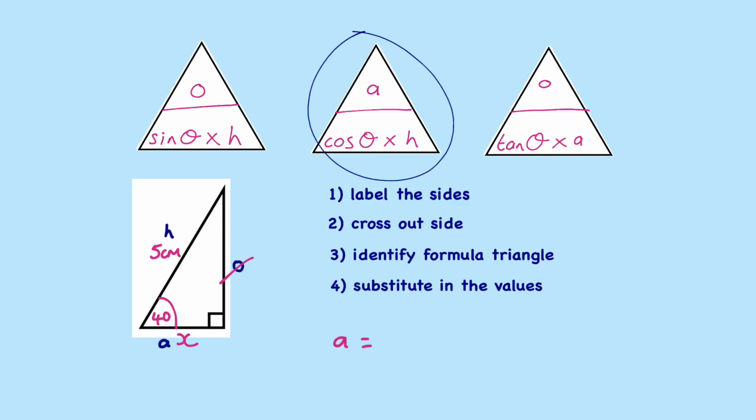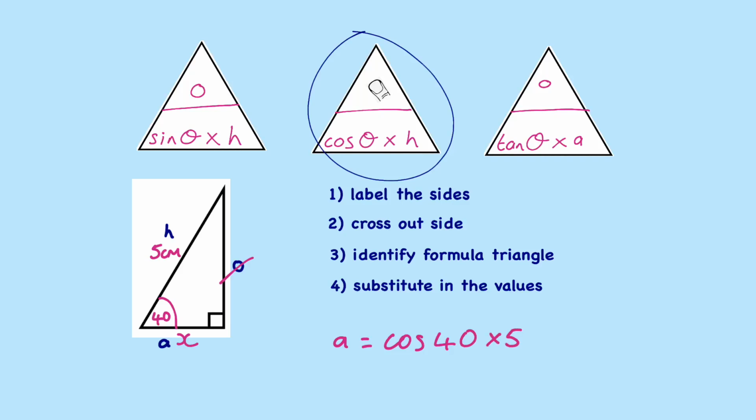So A equals, so we'll go to our triangle above and we cover up the A. And that leaves us with cos theta times h. And the angle theta is 40 degrees. So cos 40 multiplied by h, and h is 5 centimeters.